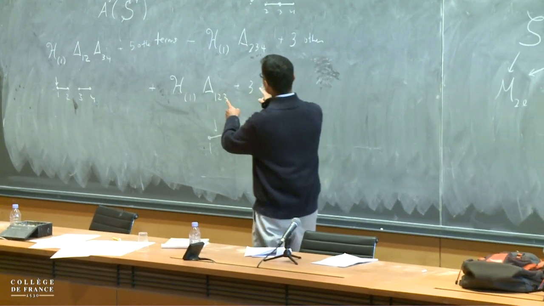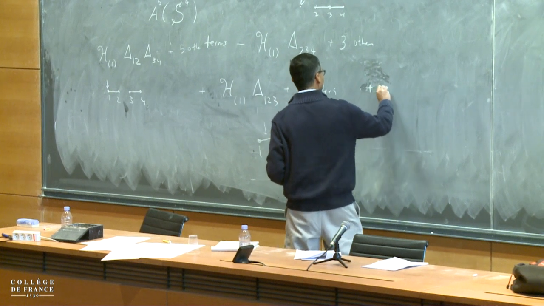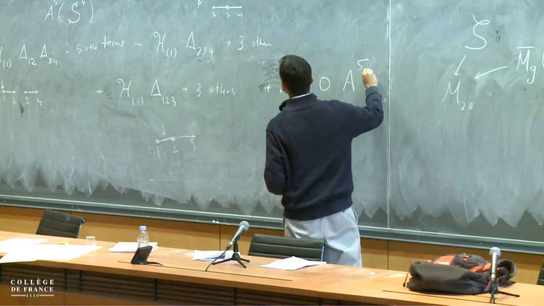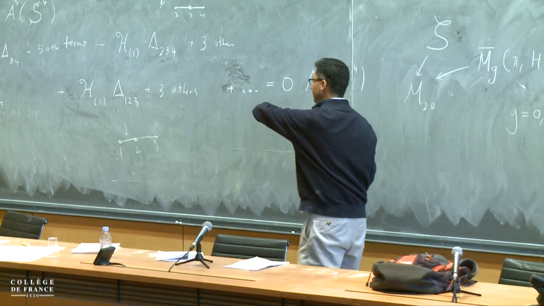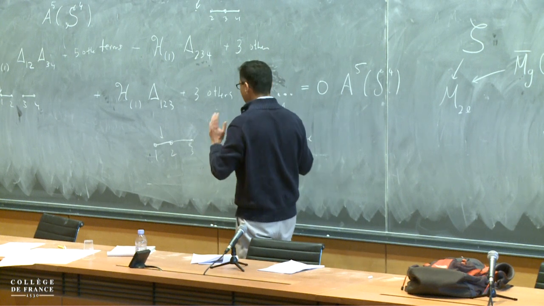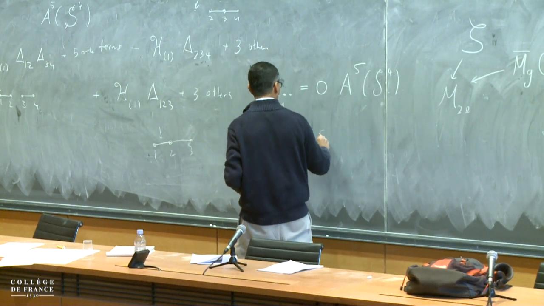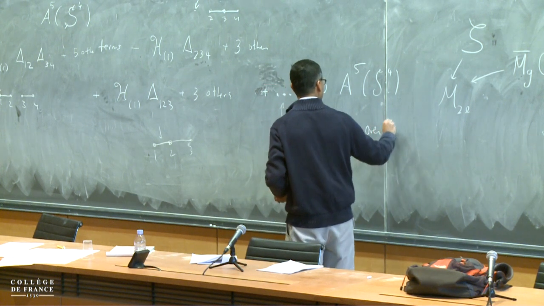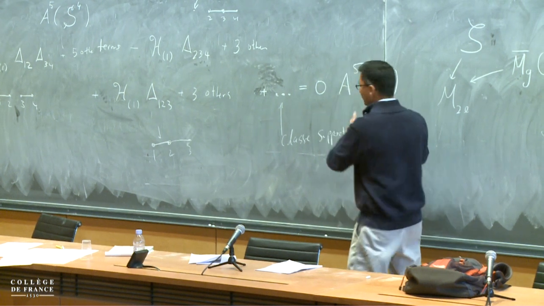Okay? And the claim is this, plus dot, dot, dot, is equal to 0 in A5 of S4. And what is this dot, dot, dot? These are tautological classes, just explicit ones I've said. Explicit tautological classes supported over proper Noether-Lefschetz loci, meaning something smaller in the base.